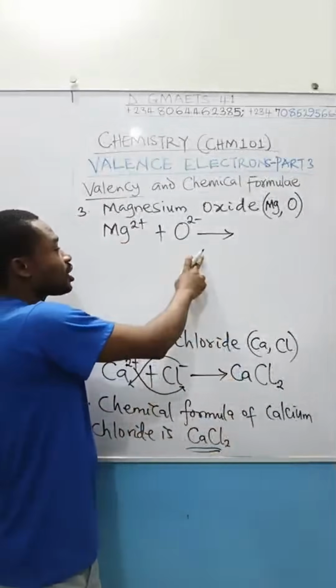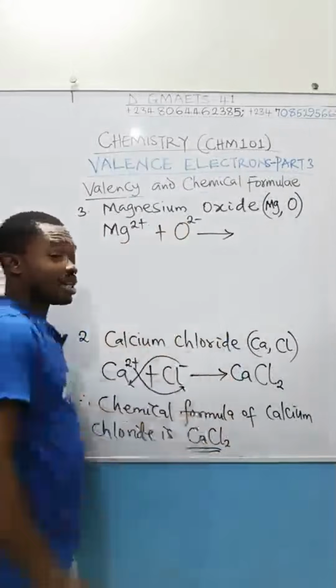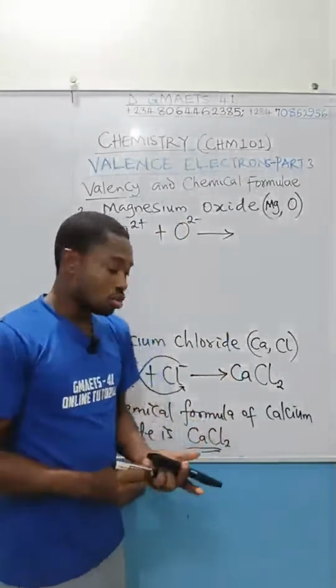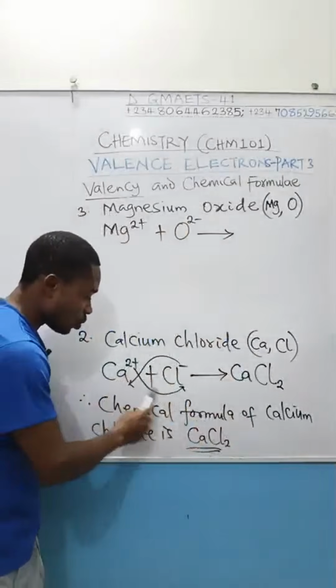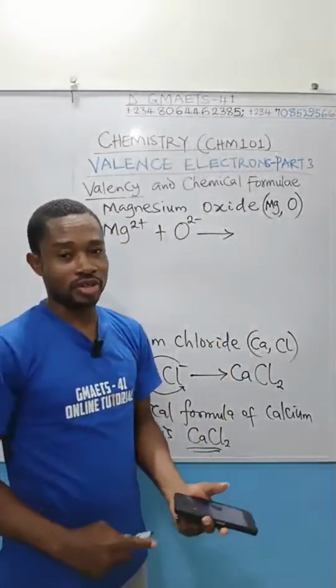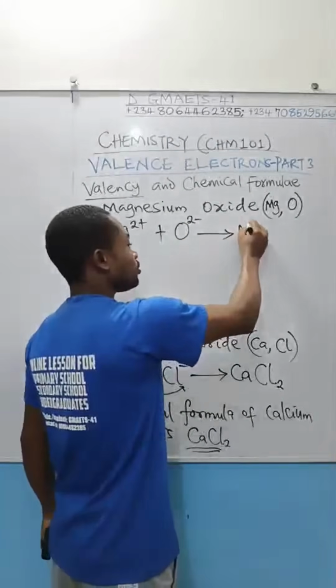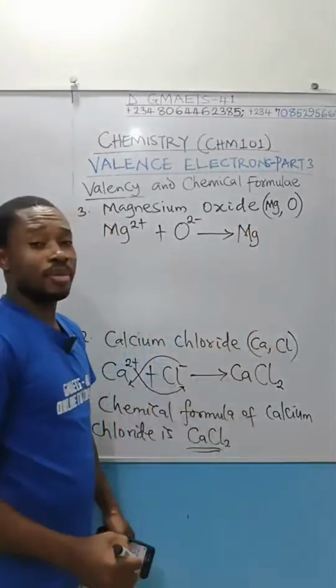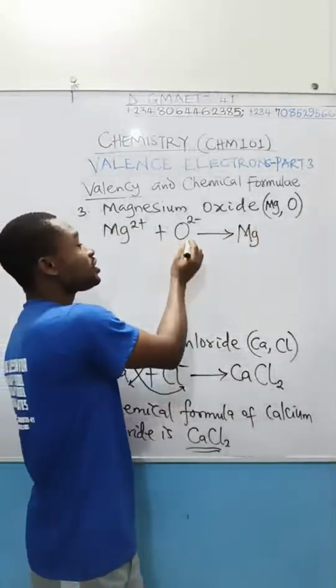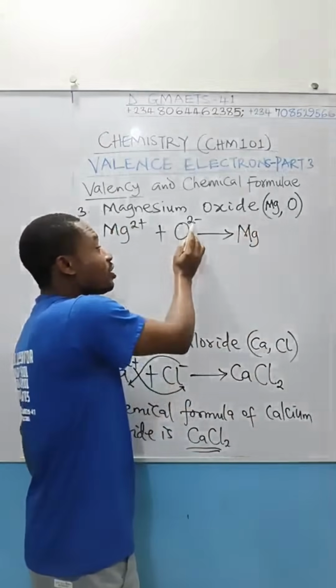So we have this, and they are going to interchange their valence, like I said. Please do not draw this line again. Now we write the positive element, which is the metal magnesium. That magnesium will receive the valence of oxygen, which is 2.